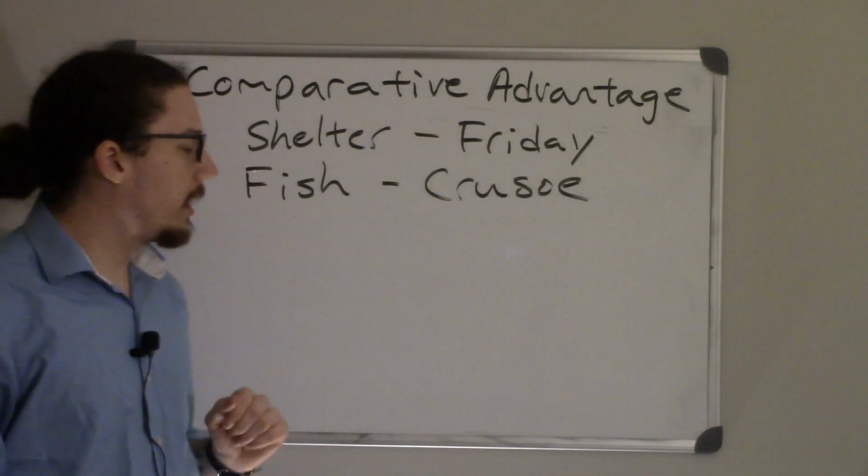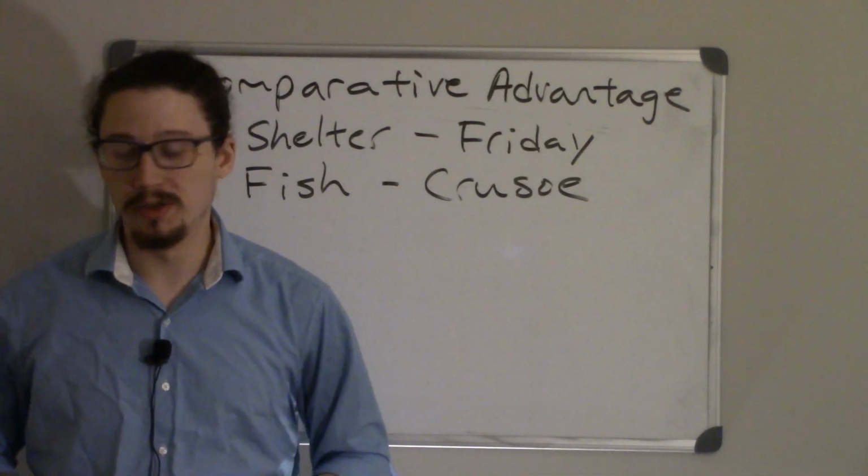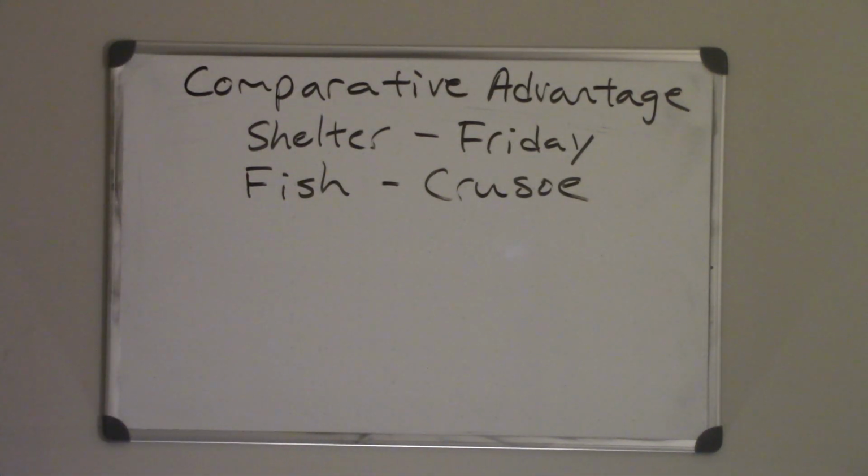So once we've found that comparative advantage, we can see that Friday should be producing shelter, and Crusoe should be producing fish.